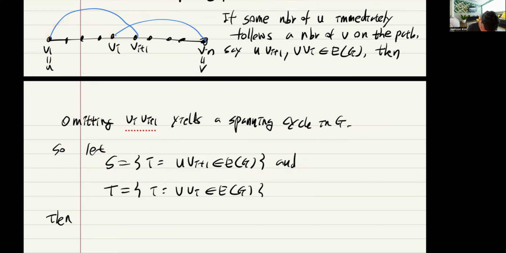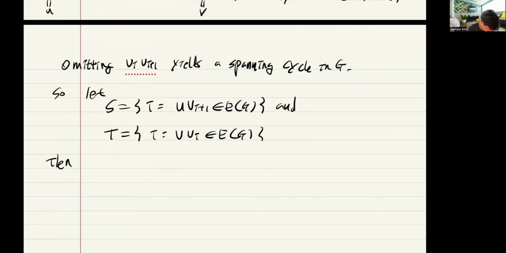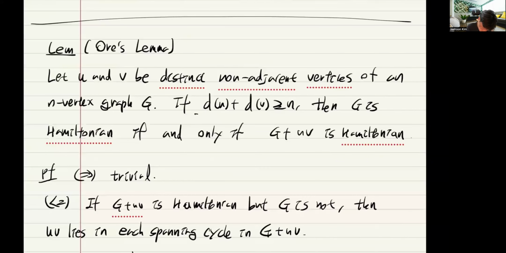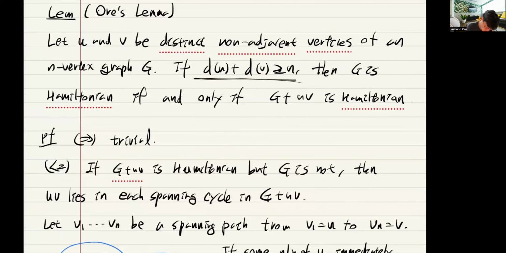If it is a neighbor, then we count the i, but it's just shifted. But still, this has the same size as the degree of u. Its sum is at least n, because uv satisfies it.